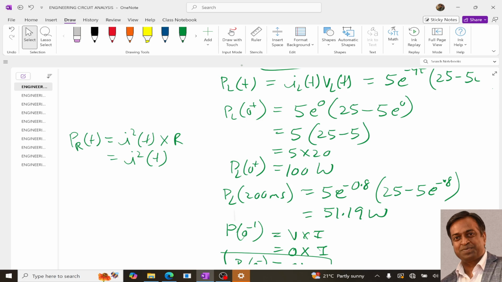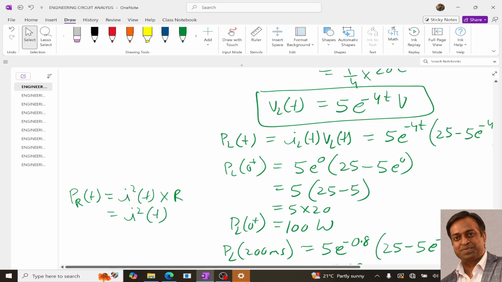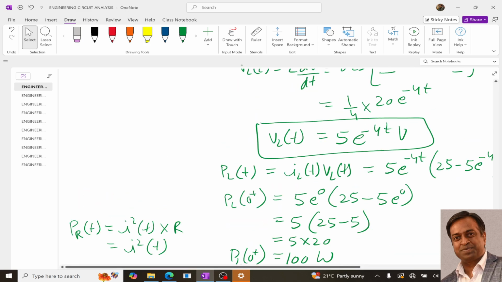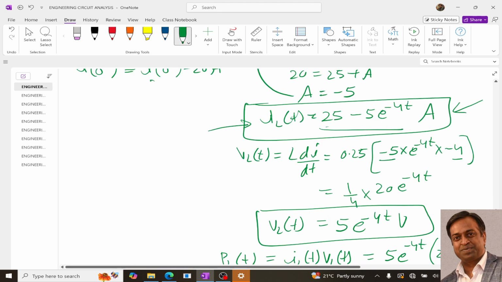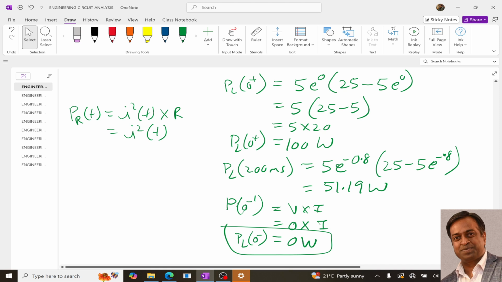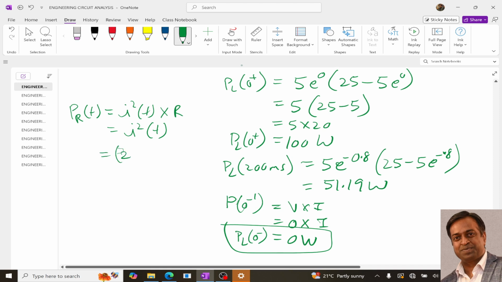Since the current flowing through the resistor and the inductor is the same, it will be 25 minus 5 e power minus 4t whole square.